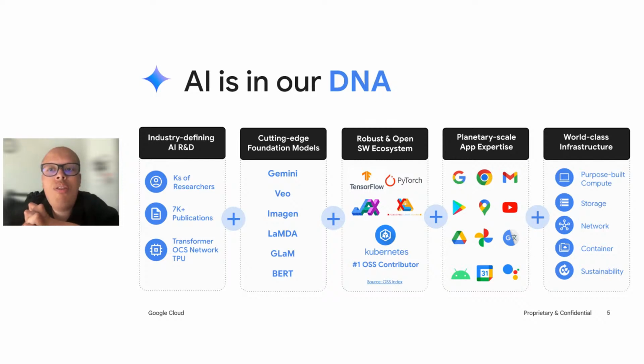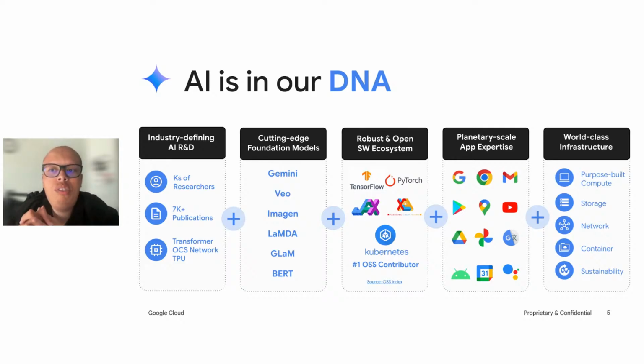We then channeled that research into cutting-edge models such as Gemini, BERT, Palm 2, and many more. But it's not only about the models. It is also about embracing an ecosystem of open frameworks, open source, and Google is a great partner and contributor here as we contribute our learnings back to the open source community.